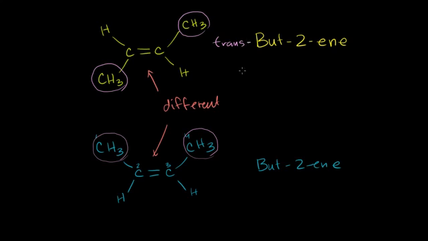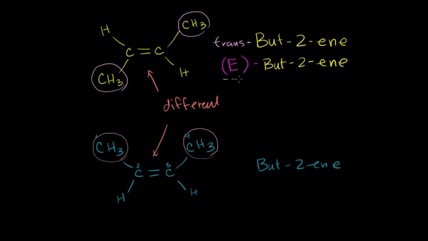The other convention to use comes from the German for apart, and there we call it Entgegen. And instead of writing out Entgegen, we write E in parentheses. So we do this in a different color since this molecule down here is blue. So we would call this E-butene. These mean the same thing, E-butene.